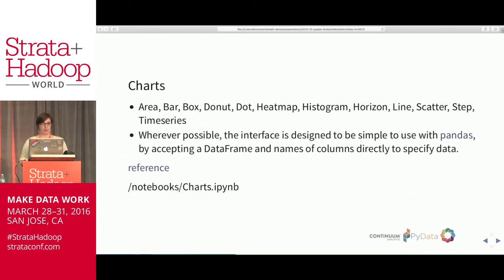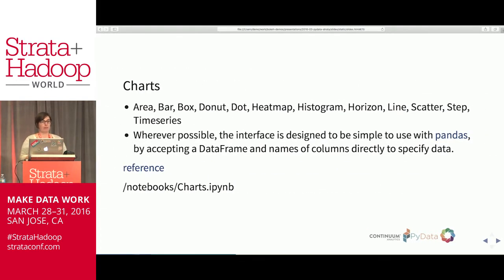So the charts. There are 12 charts built into Bokeh at the moment. There's also documentation about how you could build your own, whatever chart that you need. Wherever possible, the interface is designed to be simple to use with pandas. So everything you learned this morning about how to use pandas, how to get your data to do what it wants, that's the prep work to just throw it into your charts.